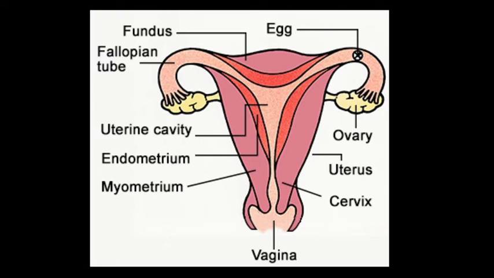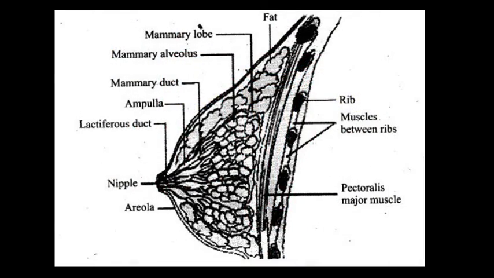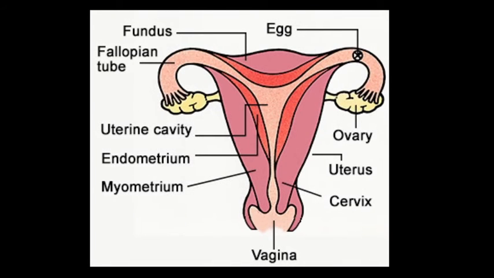Okay, the external female genitalia consist of the mons pubis, labia majora, labia minora, hymen, and clitoris, as you saw in the first reproductive diagram.